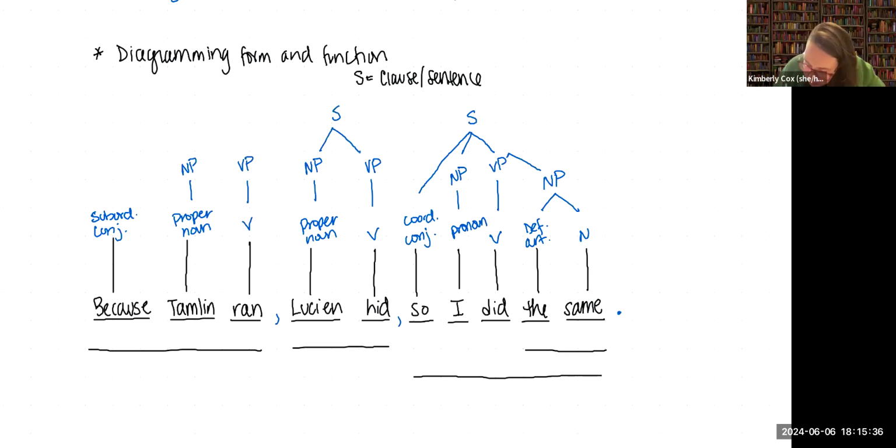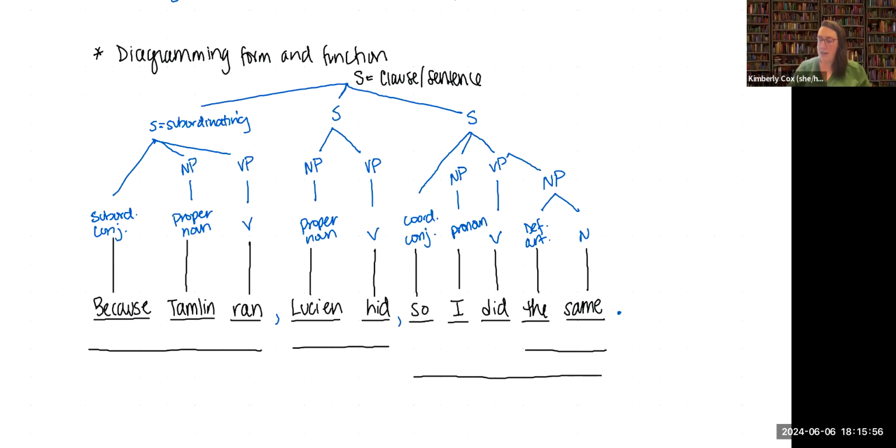And then we have a noun phrase and a verb phrase here, but it's a subordinating conjunction. So I'm going to do a little S for subordinating. Okay. And so each of these is going to have a line, and then all three of these together are going to go into making up our main clause, which is a compound complex sentence. Okay, so those are our forms.